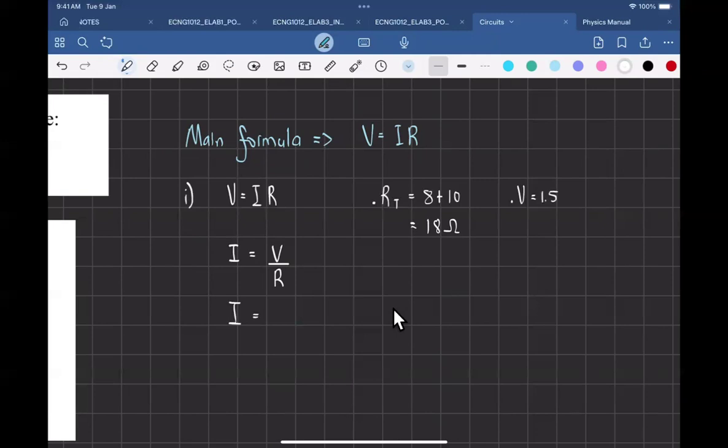Voltage is 1.5. Resistance? 18. Plug that into your calculator. 0.083.